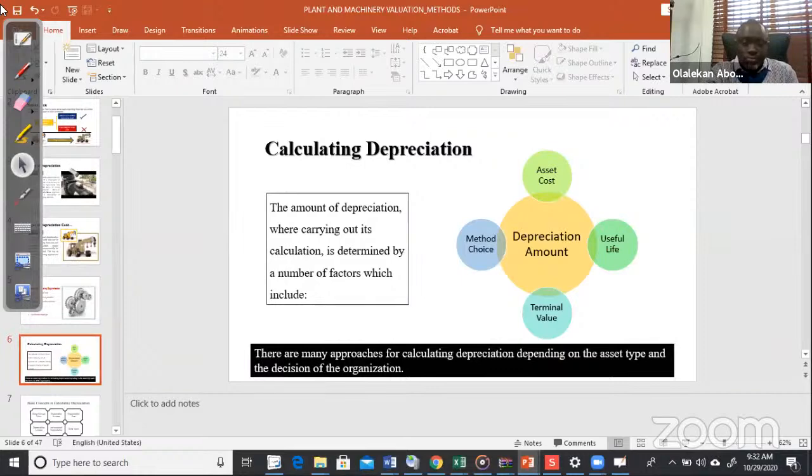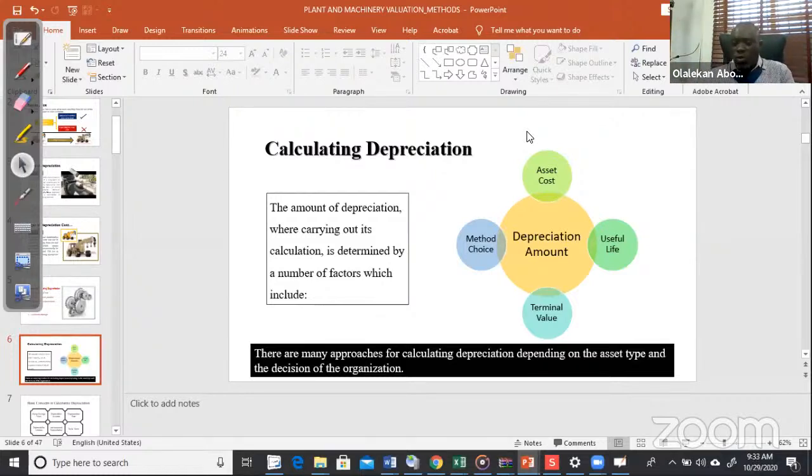Now, I was trying to say that irrespective of the method you want to adopt in calculating depreciation, there are some basic inputs, basic data that are very necessary. They are like factors that you have to consider, and they influence what amount of depreciation will be.